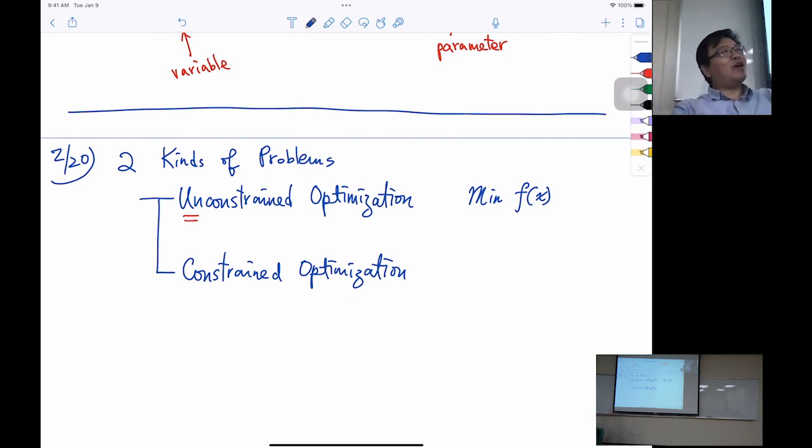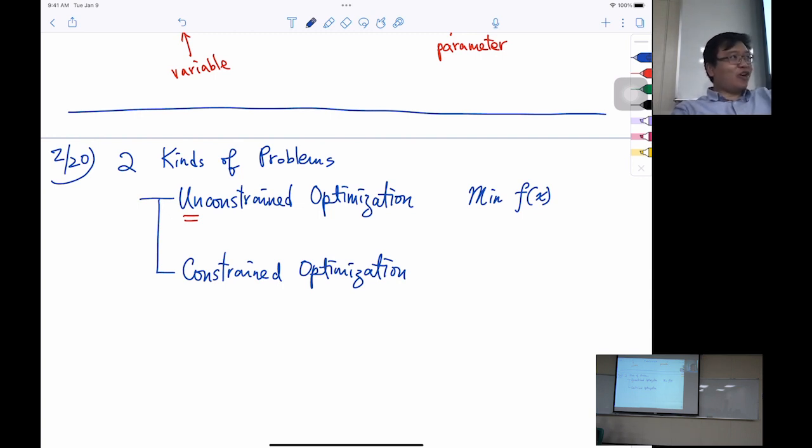And there could be one that has the smallest function value of f.